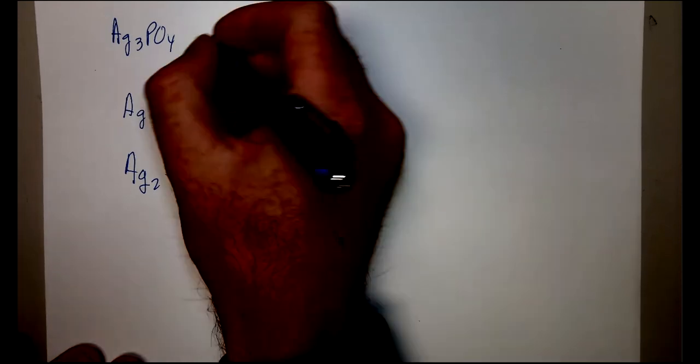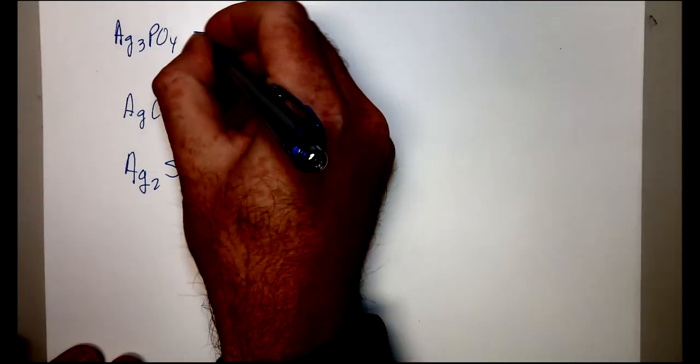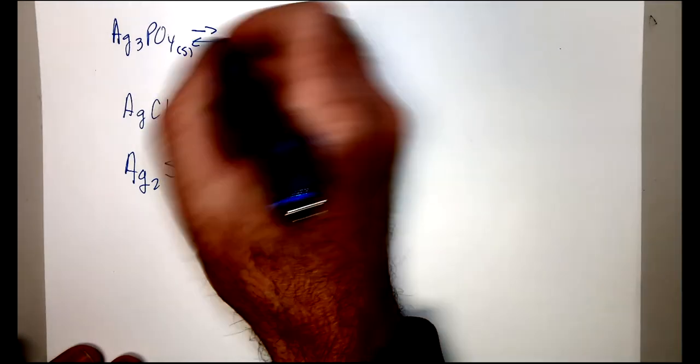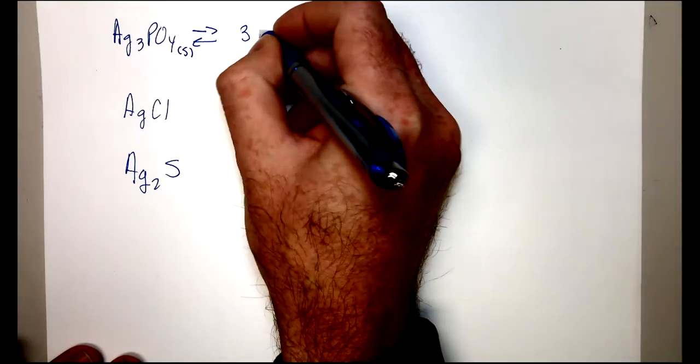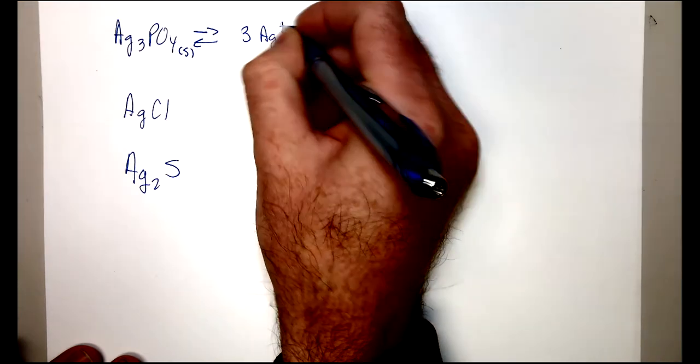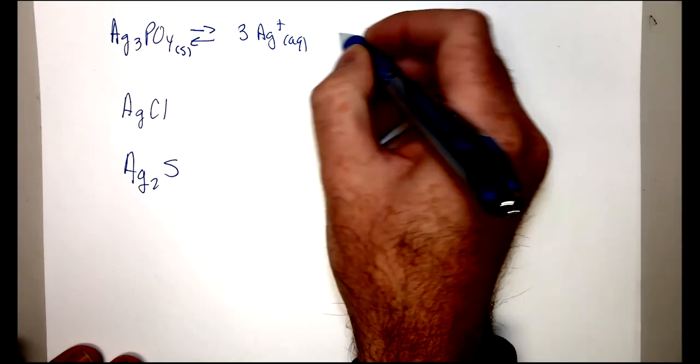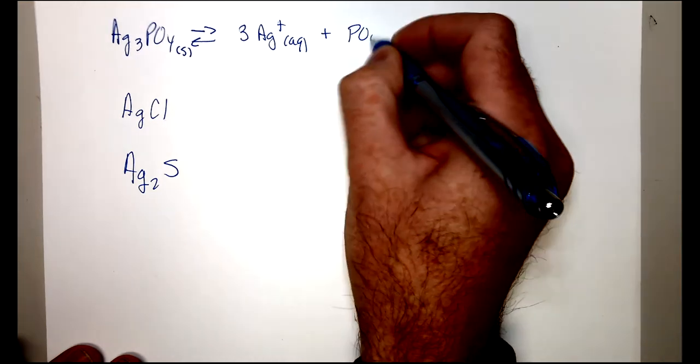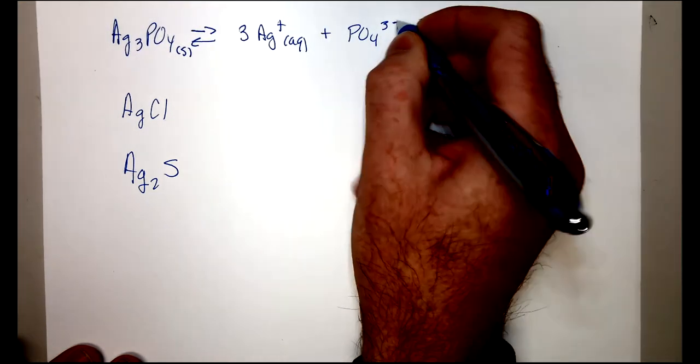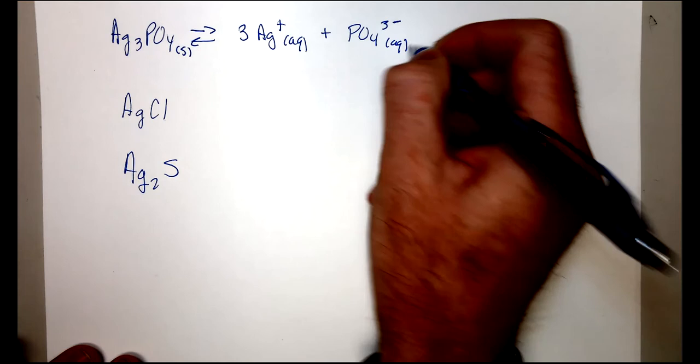So if we look, I've transferred those over to the paper. And so what is our equilibrium for these? So if that's my solid, there's a 3 there, so we're going to have 3 silver ions aqueous plus a phosphate ion aqueous.